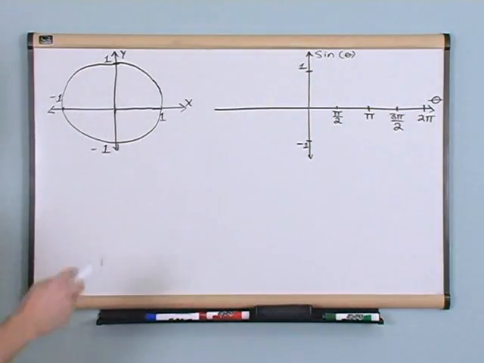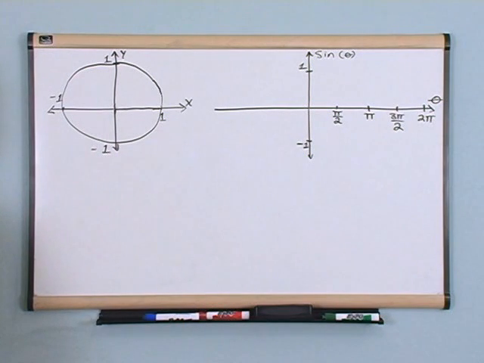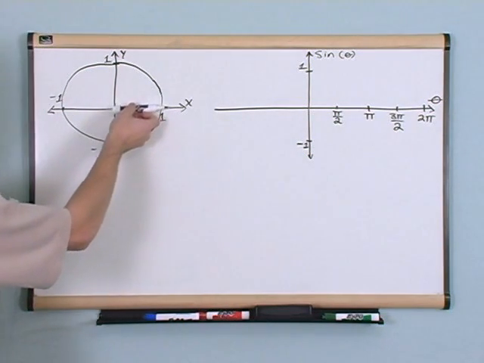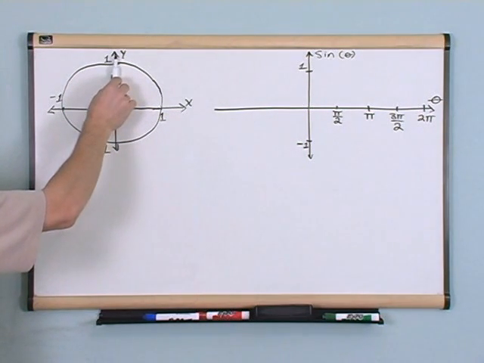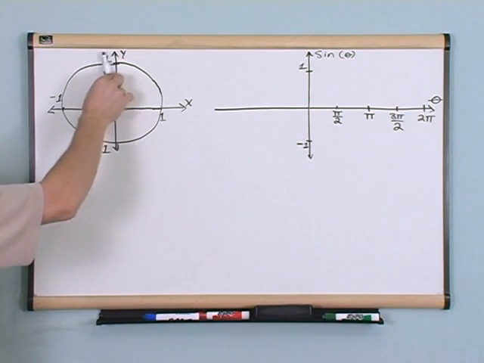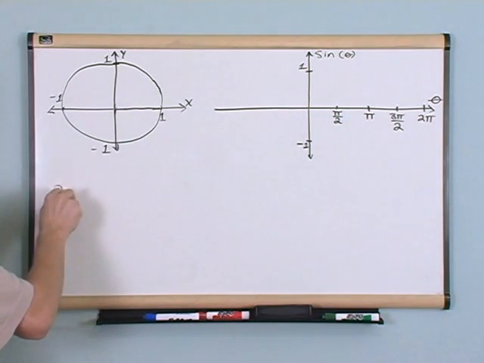Now let's figure out why I picked these particular angles. At 0 radians, you're right here on the unit circle. There's no angle at all, it's just 0. Here, this is pi over 2, which is exactly 90 degrees. Here is 2 pi over 2, which is equal to pi.